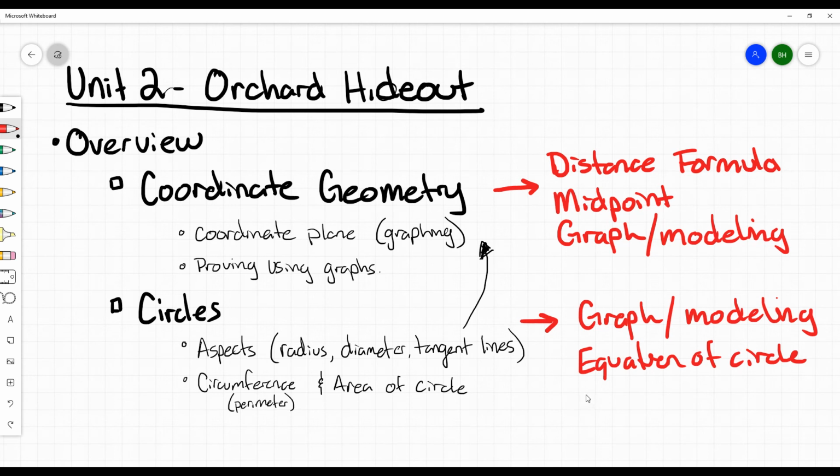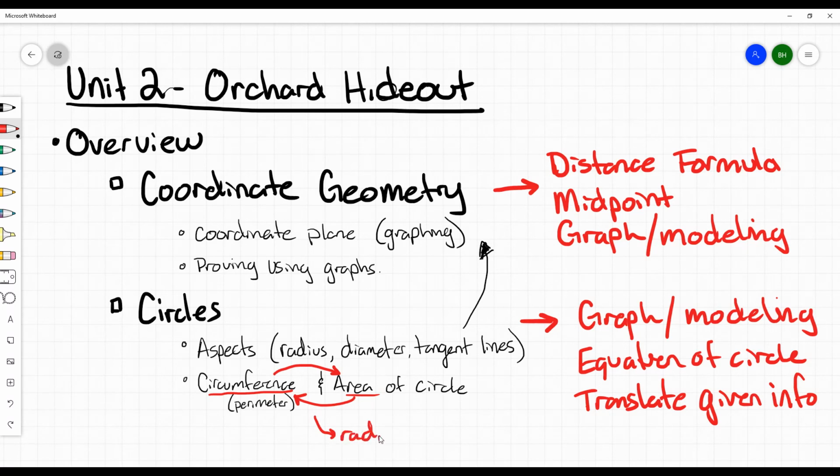How do we translate given information? If we're given the circumference, for example, how can we find the area? Or if we're given the area, how do we find the circumference? Or if we're given the circumference and area, how do we get the radius? And information like that.